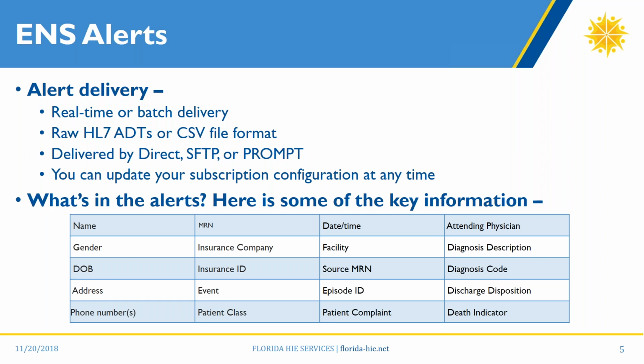And as I mentioned, as a subscriber, you can determine how you receive the information. There's a couple of different ways, and we'll talk about how you can receive the information and how often you receive it. I mentioned briefly that you can get it in real time, so you could get a notification sent to you through your direct email or through a portal in real time.